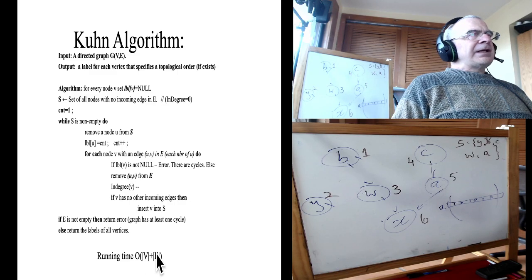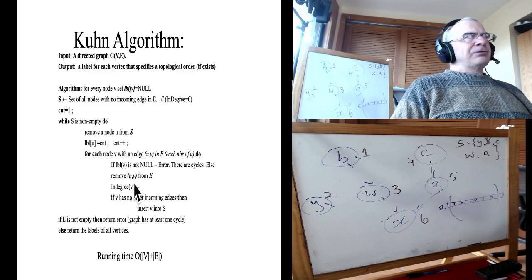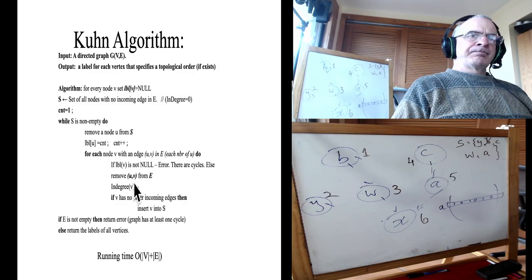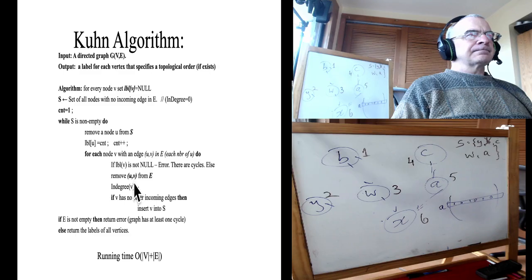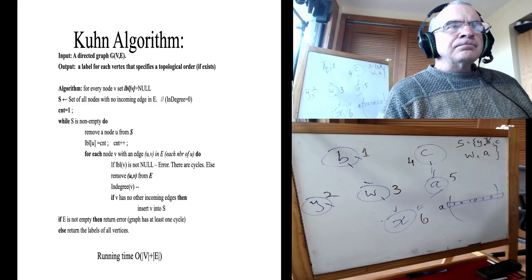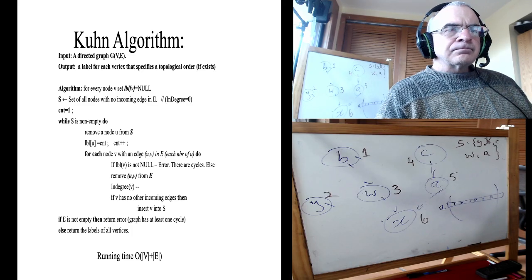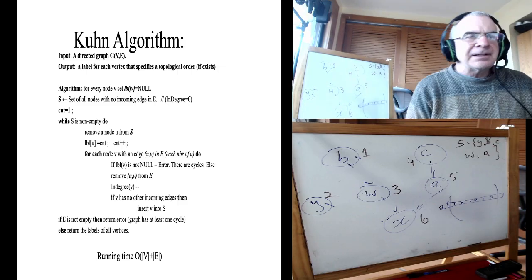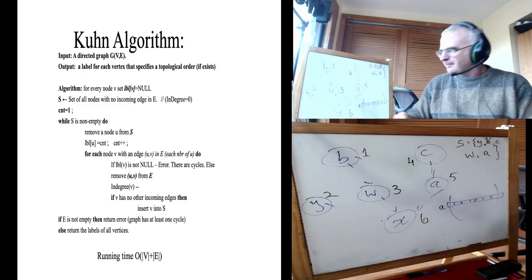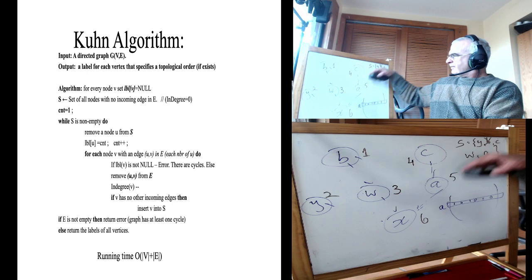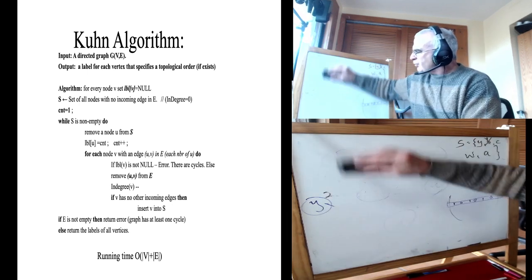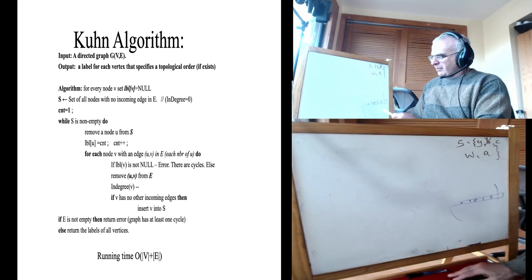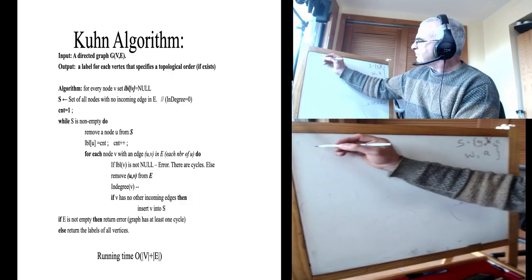What would be the running time had I been using adjacency matrix? Anybody? Correct. It's an excellent point. It's v squared plus e. I mean, everything would have taken v squared plus e, which I want to spend a moment on.